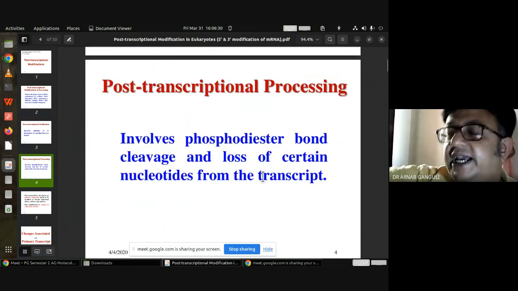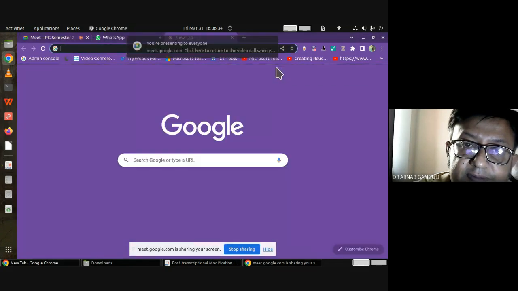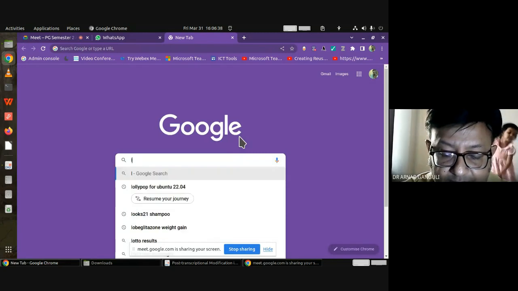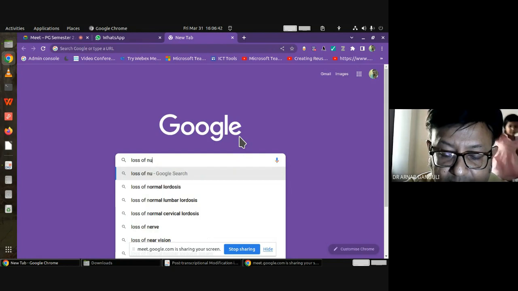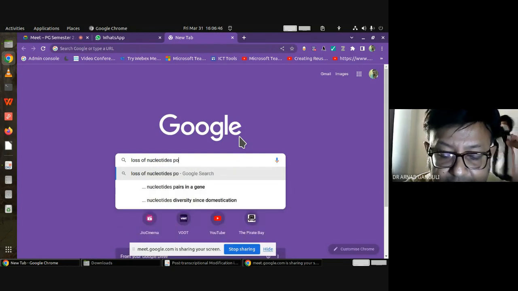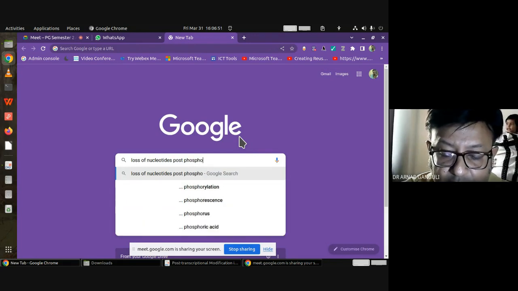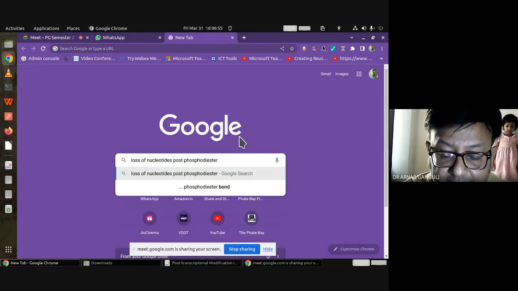So once it's cleaved, there is loss of nucleotides post phosphodiester cleavage.